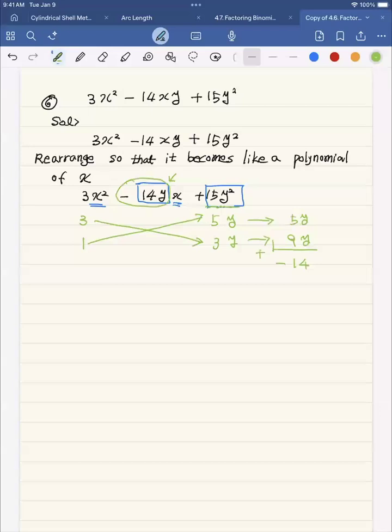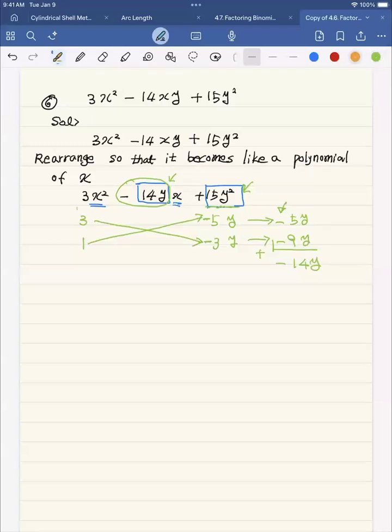So 15y is positive, so I would put minus for both, and then transfer this minus to here. Then we have negative 14y.